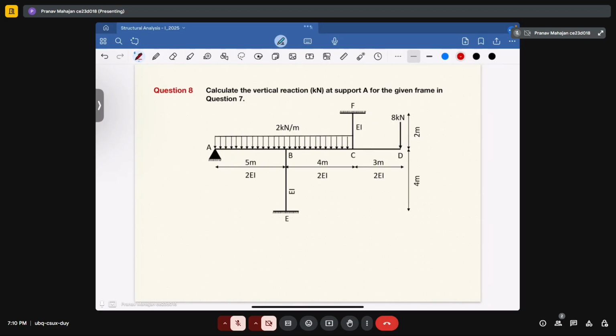So let's calculate that. Your distribution factor for BA will be equal to 1.2 of EI divided by 1.2 of EI plus twice of EI plus EI, and it will give you 1.2 divided by 4.2.